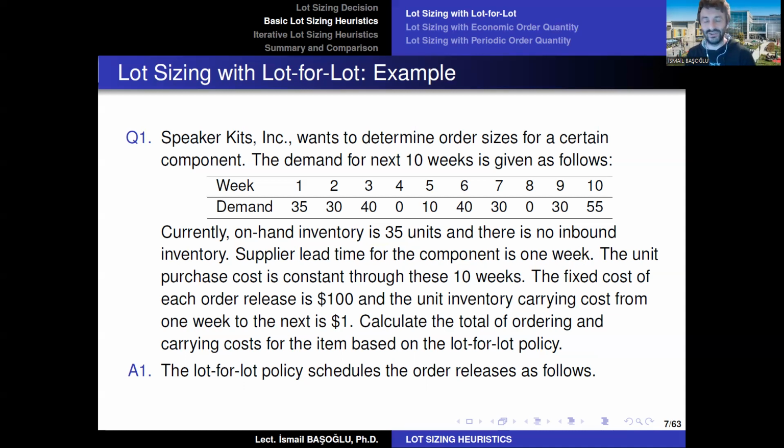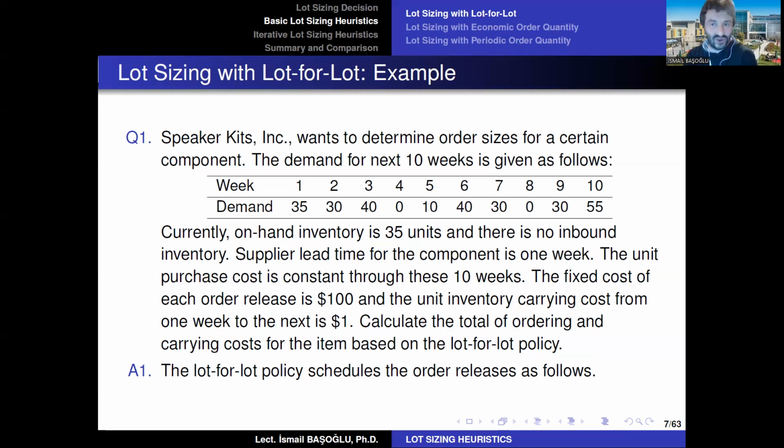That's the only complexity that this fact introduces to our problem, and we are going to see how we are going to handle this in the net requirements plan. But this part of the question is not associated with the essential parts related to the inventory management here. The unit purchase cost is constant through these 10 weeks. So the fixed cost of each order release is $100.